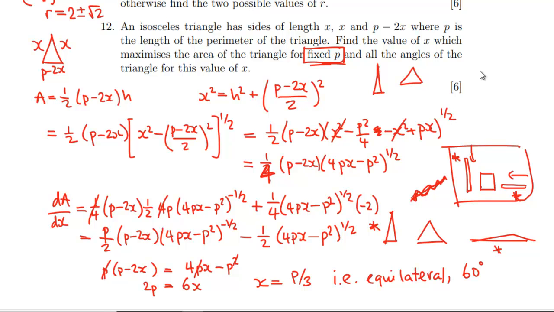So you can say the area is increasing as you move towards this from each end, but you don't have the same immediate symmetry argument for saying that the equilateral triangle must be the maximum in the middle. But I'd imagine there's going to be some variation on that you could do if we could be bothered to play around with it. So maybe I'll have a look at that closer.